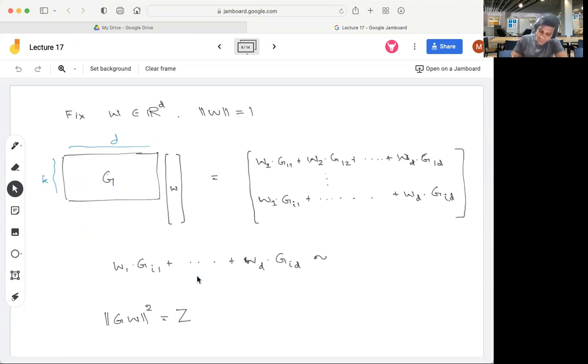In fact, it's a random variable which is obtained in exactly this fashion. The first row is just w1 times the entry G11, w2 times the entry G12, and so on. And similarly, the ith row is a linear combination of entries of G in the ith row.